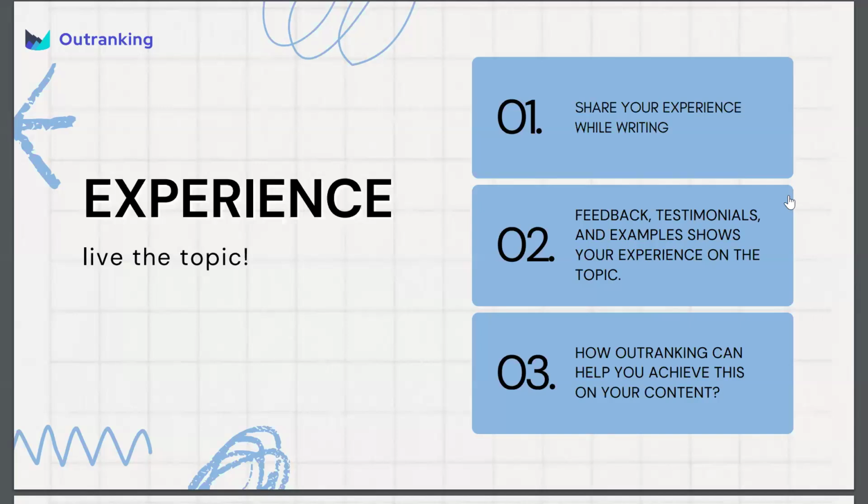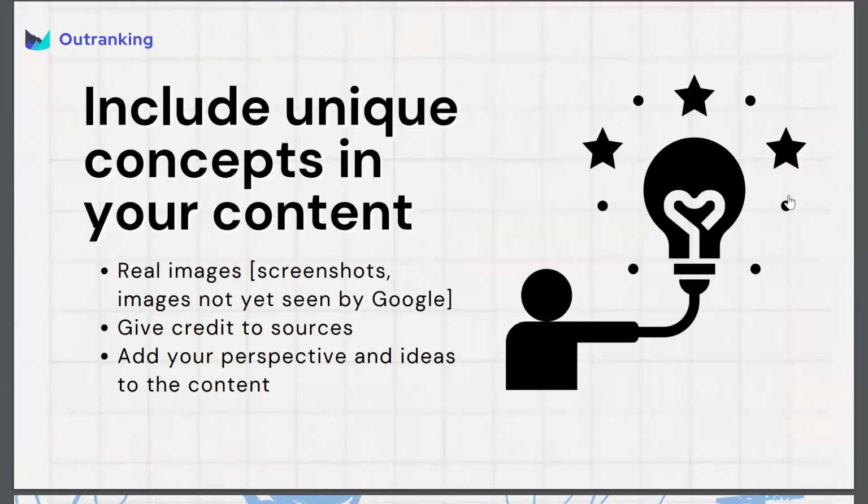And yeah, let's move on to the next slide, that is include unique concepts in your content. When I say include unique concepts, it is something that only a human can do. Add your perspective, add ideas that you have in your mind to the content.